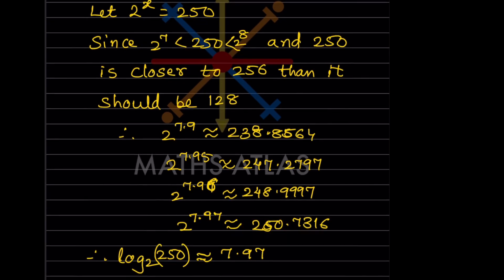So what are we going to consider? It is slightly more than 250, while 7.96 gives 248, which is less. So this is just slightly more. So we can consider log of 250 to the base 2 to be approximately equal to 7.97.